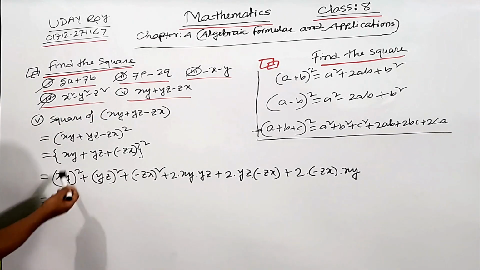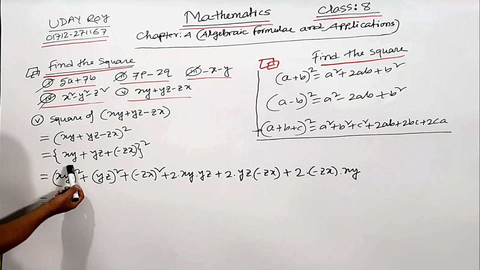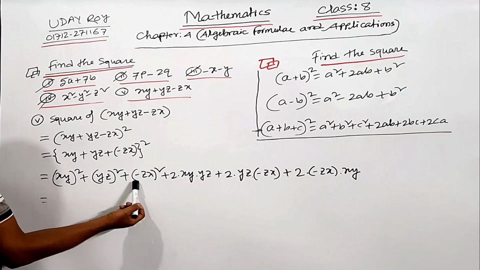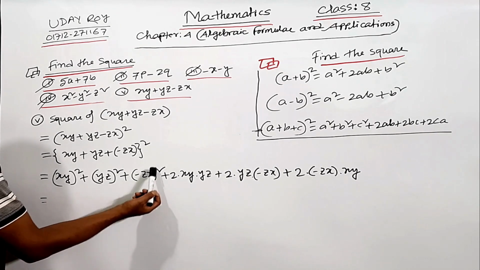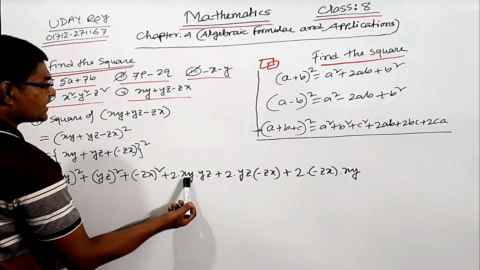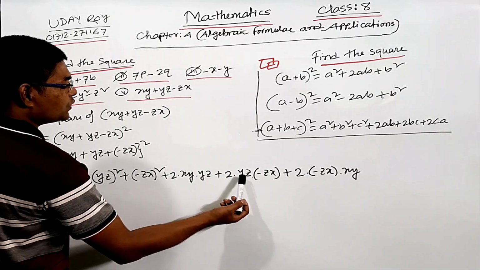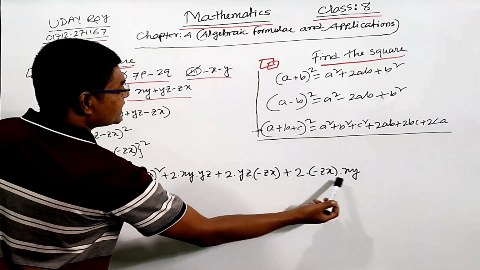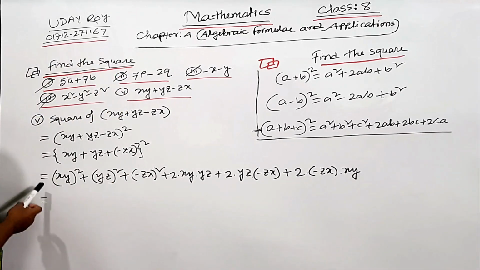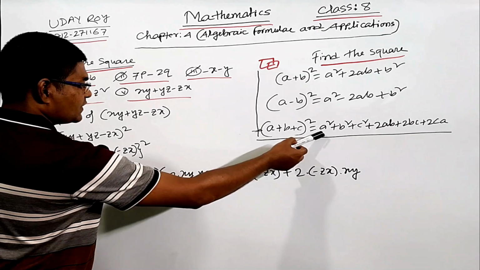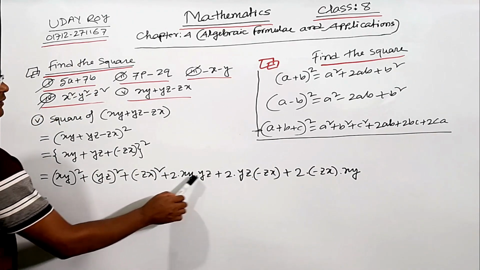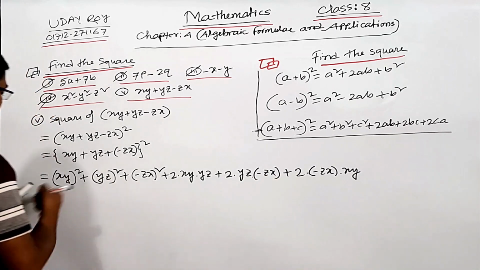Here the a position is xy, this is whole square, plus yz whole square, plus minus zx whole square, plus 2 into xy into yz, plus 2 into yz into minus zx, plus 2 into minus zx into xy. So already we have this formula: a square, b square, c square, 2ab, 2bc, 2ca. Now let's come back here.